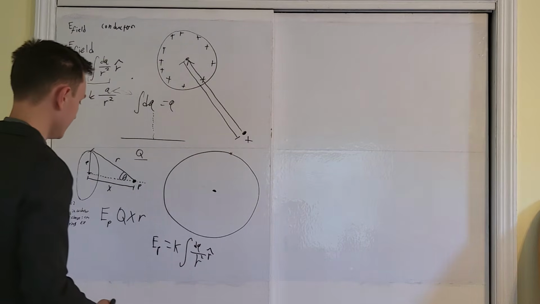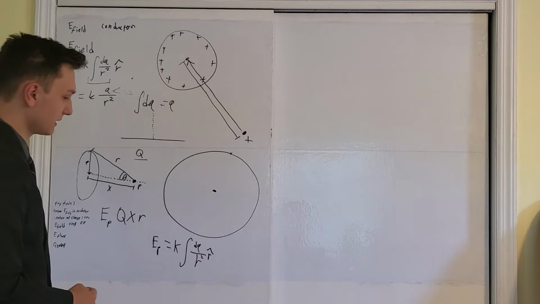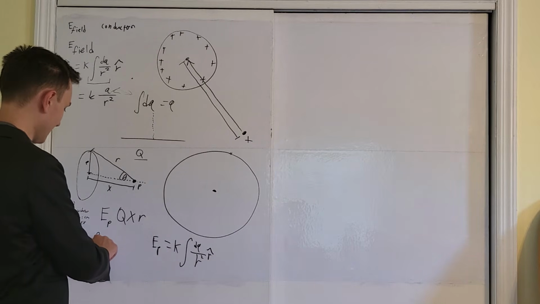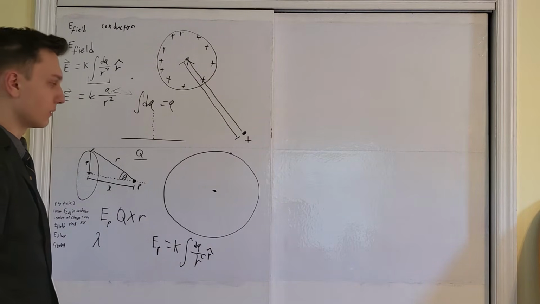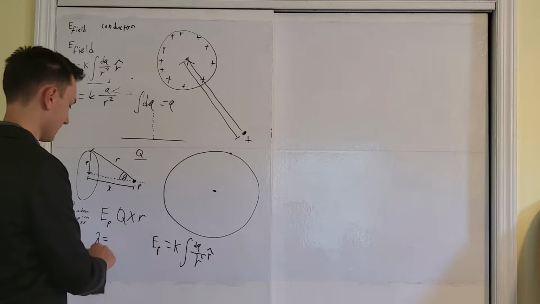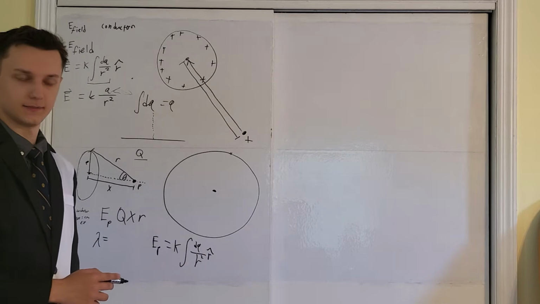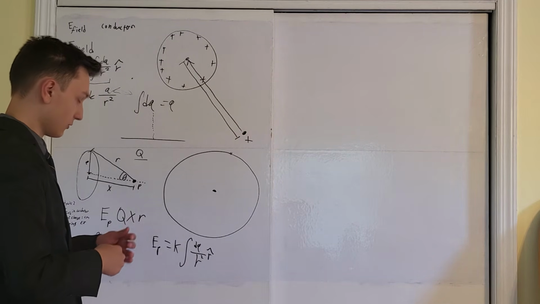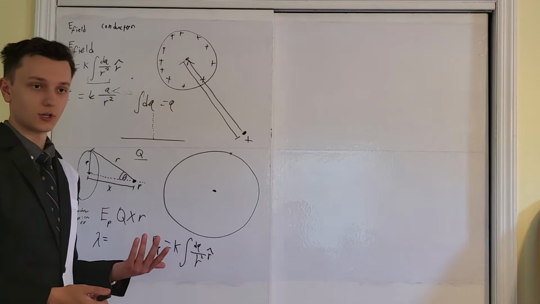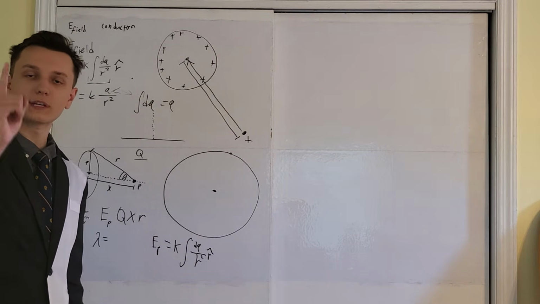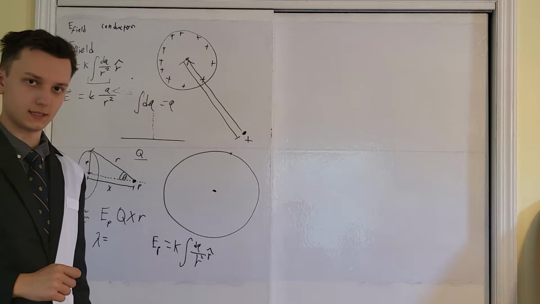So first of all, we need to introduce a topic that probably everyone from mechanics dreads, lambda, okay? Now, lambda is going to be our linear charge density, all right? So you may notice that we weren't given a linear charge density.